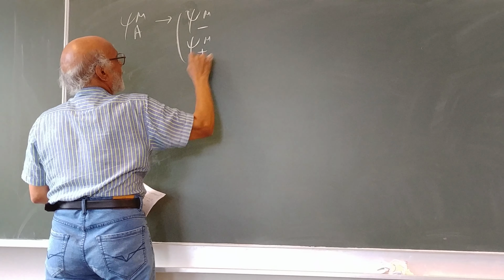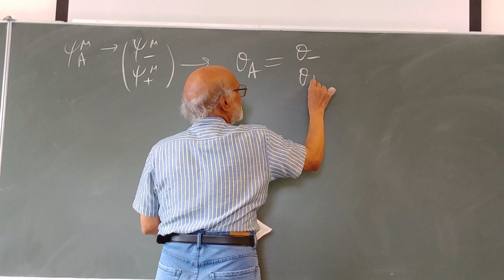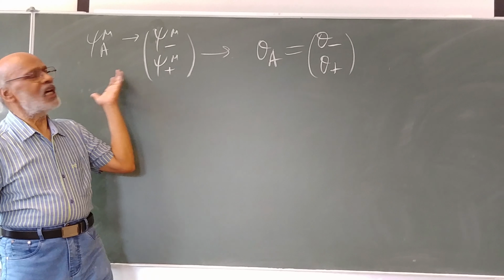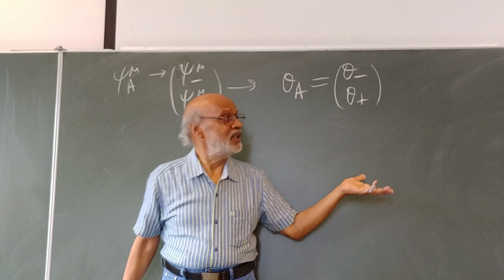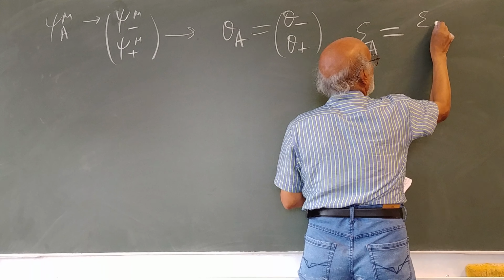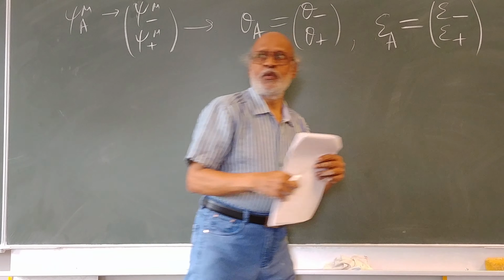So just like my psi is a two component Majorana spinor, my theta is also a two component Majorana spinor. However, when I have the supersymmetric transformation parameter epsilon, this would also be epsilon minus, epsilon plus. So epsilon would also be a two component Majorana spinor. However, epsilon and theta are constants.